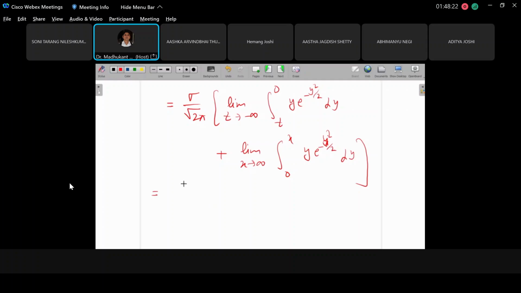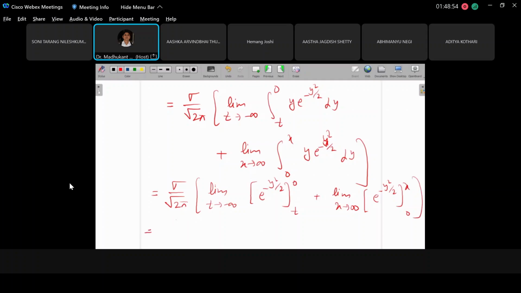Now you apply this improper integral property. Sigma by root 2 pi, limit t tends to minus infinity, and you know the antiderivative of this is nothing but e to the power minus y square by 2, t to 0, plus limit x tends to infinity, e to the power minus y square by 2, 0 to x.